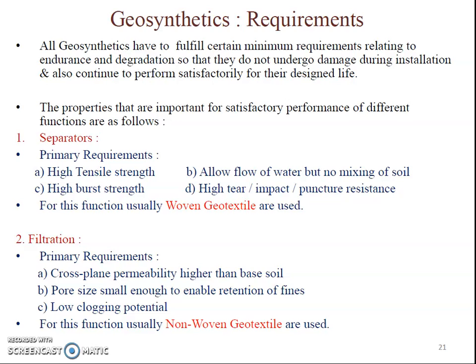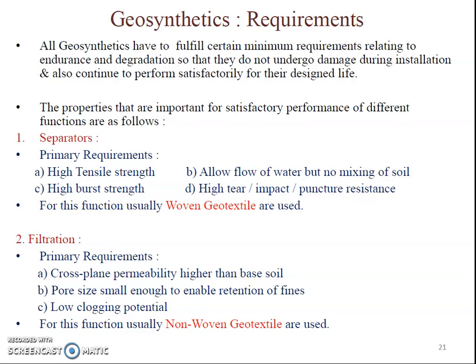We know that if the quality of geosynthetics is low, then when we install them at the actual construction site or field, they have a chance of being damaged, and in that case our goal or target is not fulfilled.